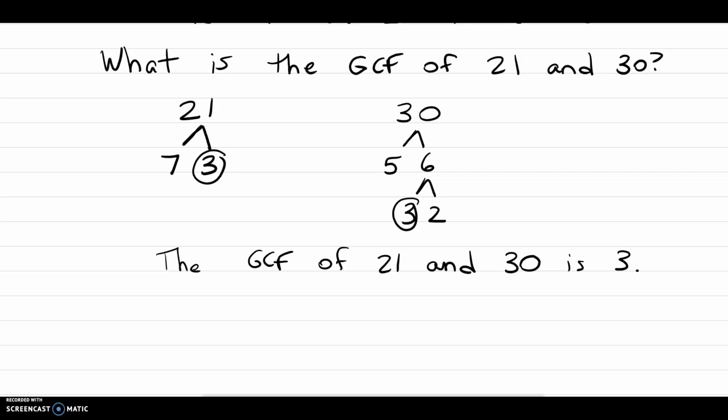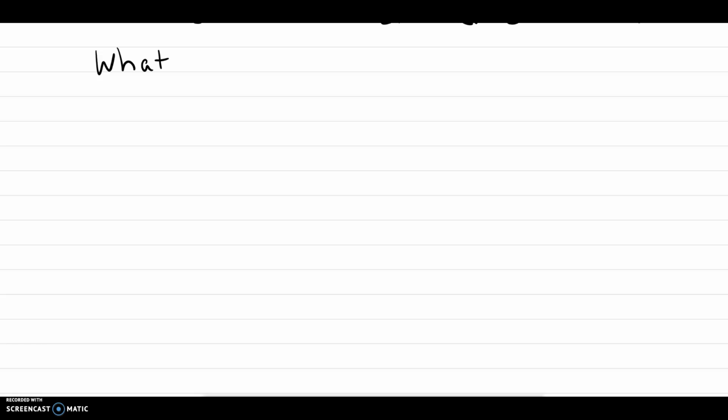What happens though when there's more than one number that they have in common? So let's take a look at another example. Let's say I said, what is the GCF of 36 and 54?